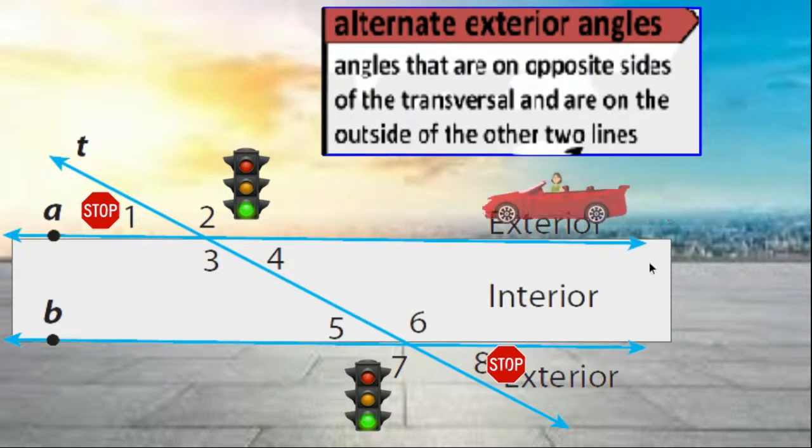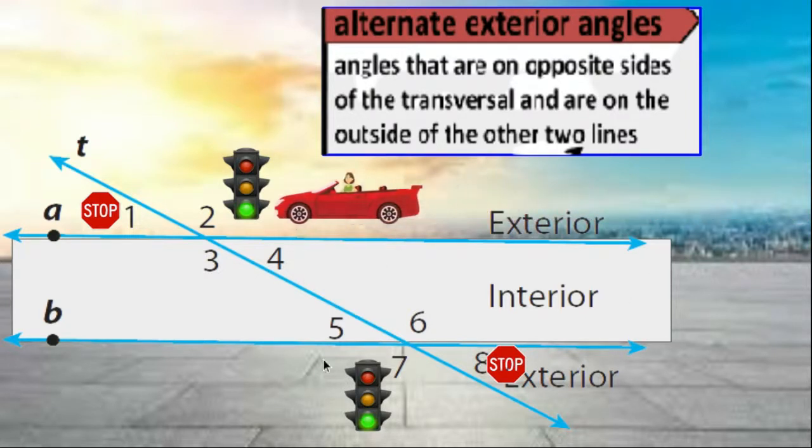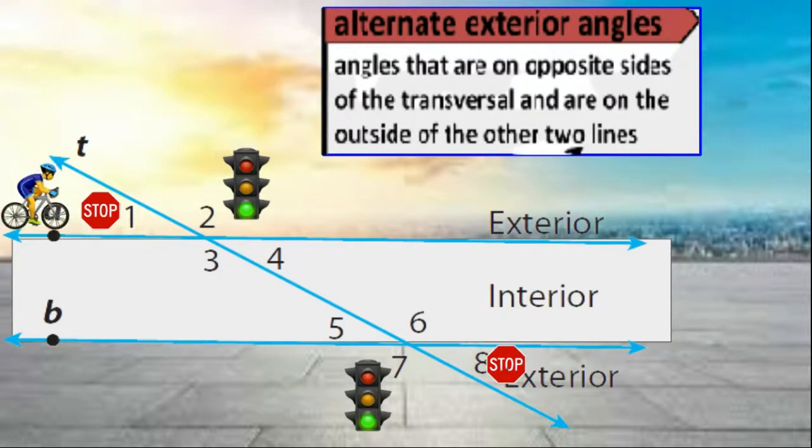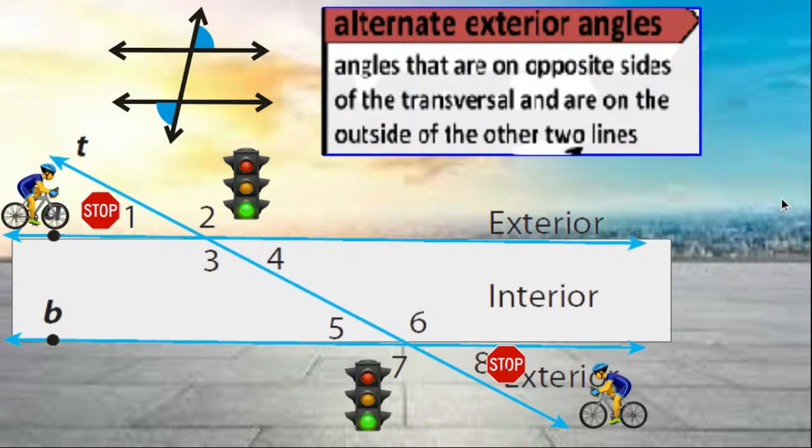If you were to drive a car and park on 2, you're driving the same car and parking on 7. Those are alternate on the outside. If you were to ride a bike and stop on 1, you're going to ride a bike and stop on 8. Those are alternate and these are on the outside.